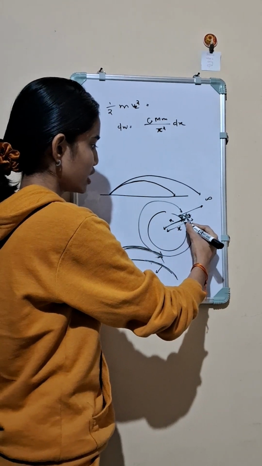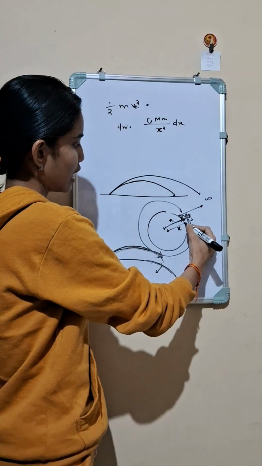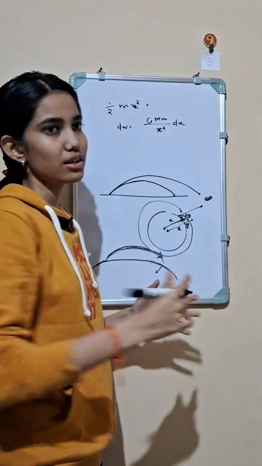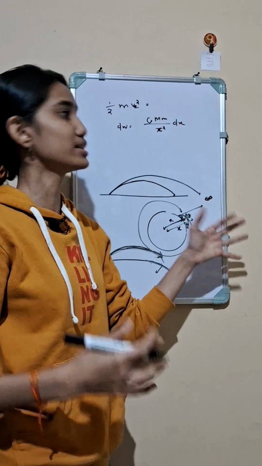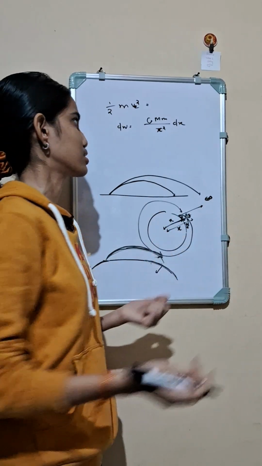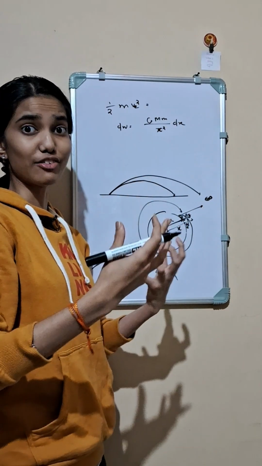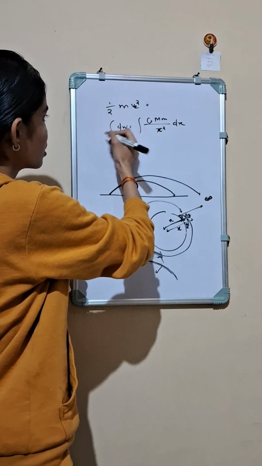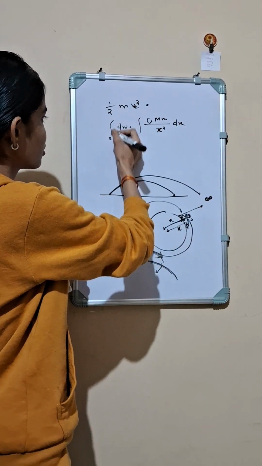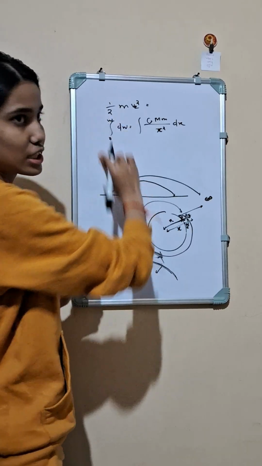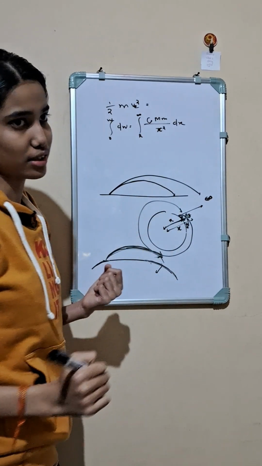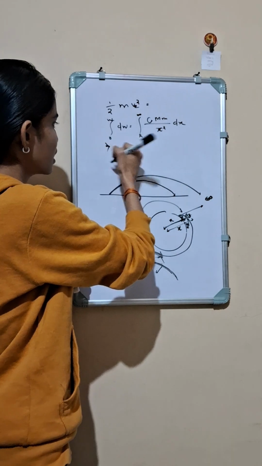So initially the point was at r, finally it will come to infinity, and we will say that it has escaped from Earth's gravitational field. So we can put the limits. The work done initially was 0, and we need the total work done W to travel from r to infinite distance. So we can integrate it.